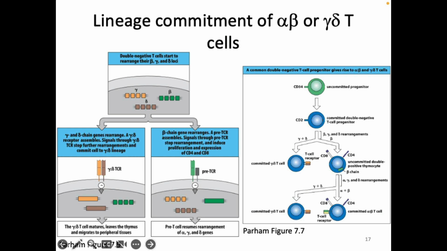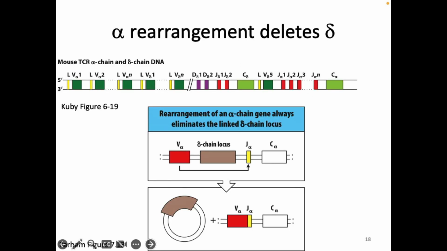And the thing that finally makes that decision, the thing that finally pushes this cell to be totally an alpha beta and not have the chance to go back, is when we do that light chain rearrangement and make alpha. Because when we do our alpha chain rearrangements, remember that the entire delta locus is inside of the alpha locus.